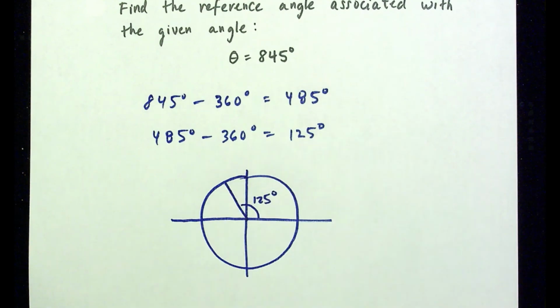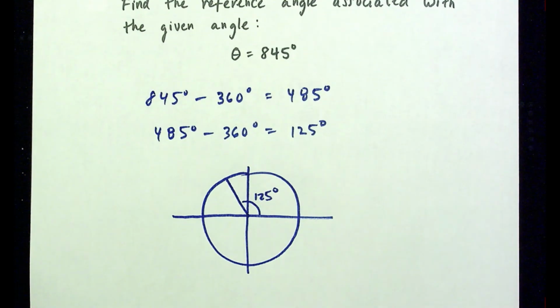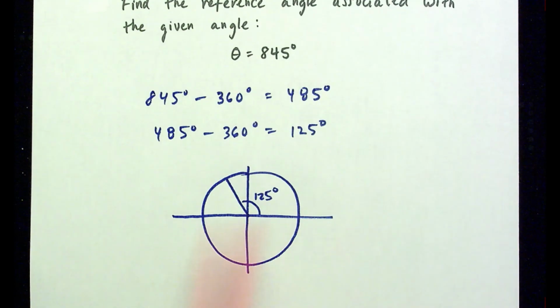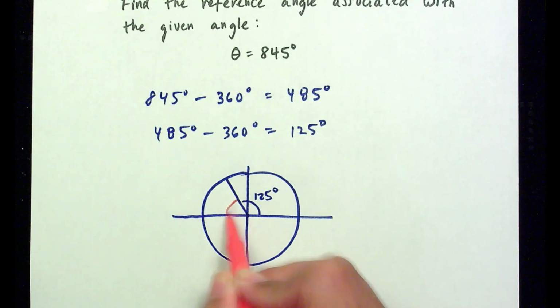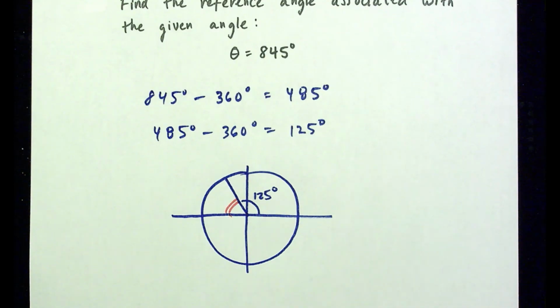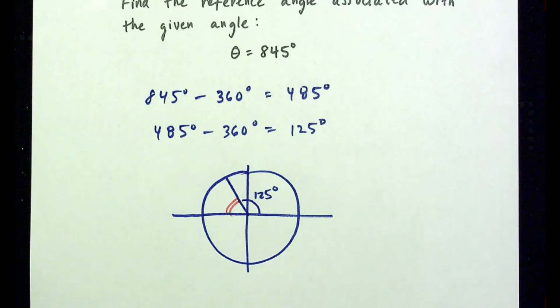Now, as I said at the beginning, the reference angle is the smallest positive angle formed by the terminal side, this side, and the x-axis. So there's two angles. There's this one, and there's that one. Okay, this is the x-axis, that's the terminal side. So there's two angles formed by the terminal side and the x-axis, that one and that one. The smallest of the two is the reference angle.